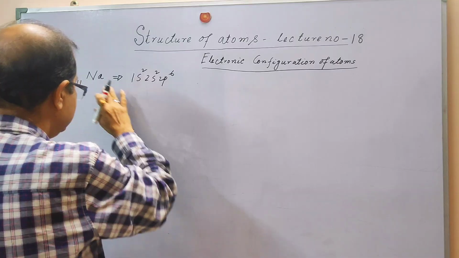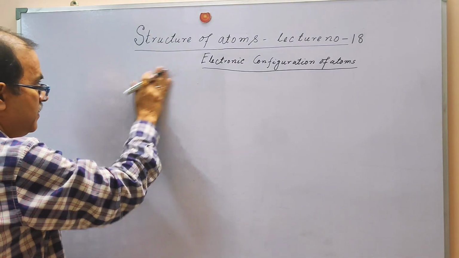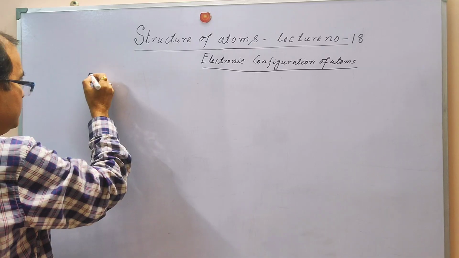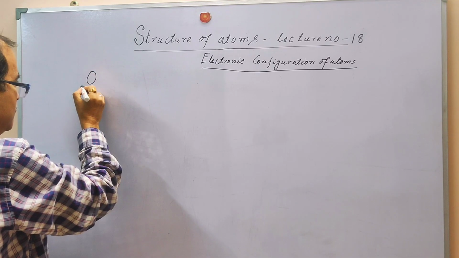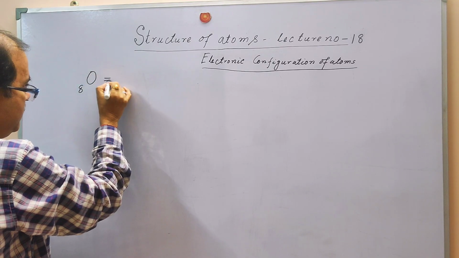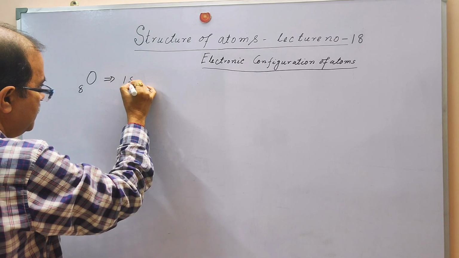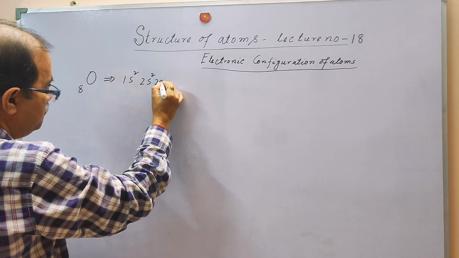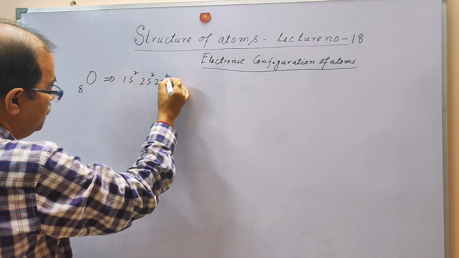Before sodium, we have already covered up to nitrogen. After nitrogen comes oxygen, with atomic number 8, and its electronic configuration is 1s2, 2s2, 2p4.